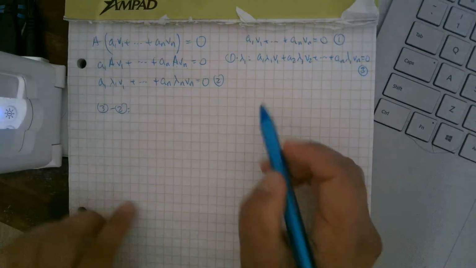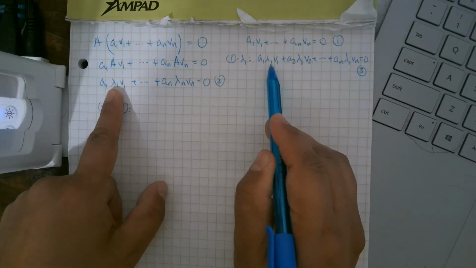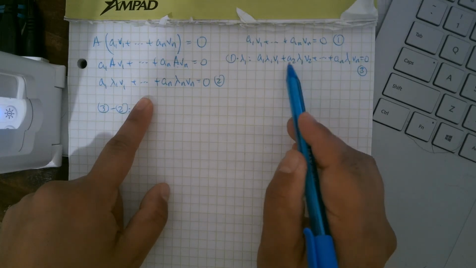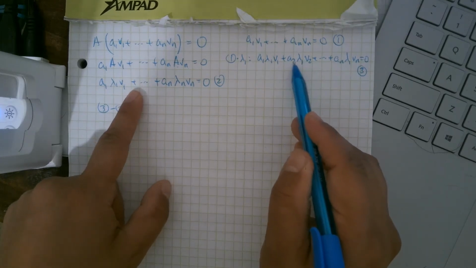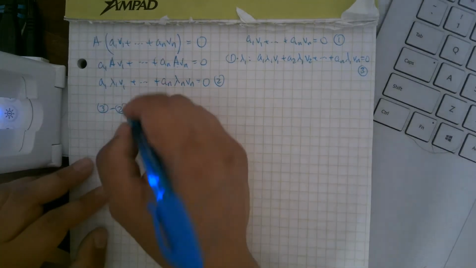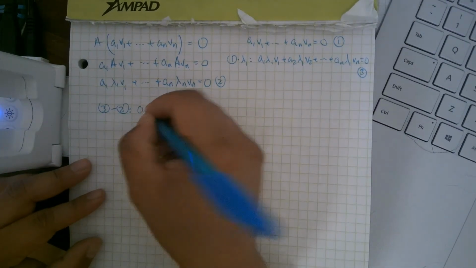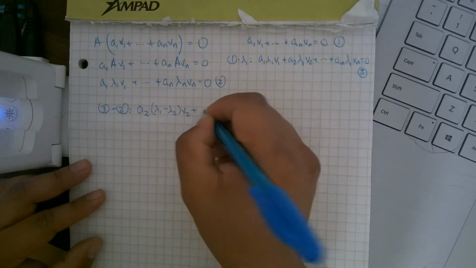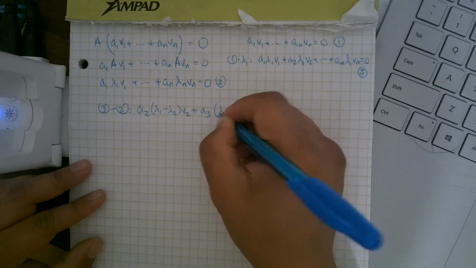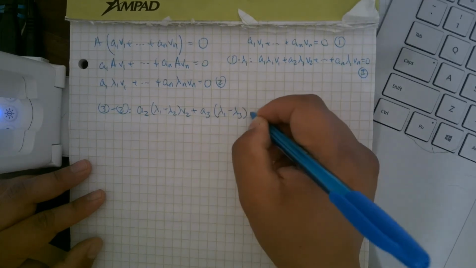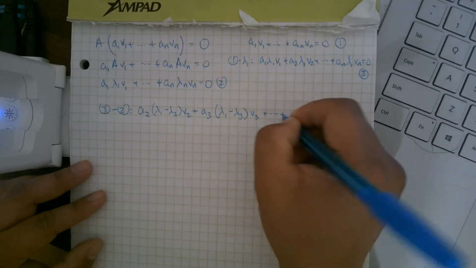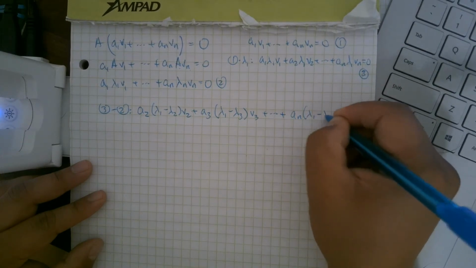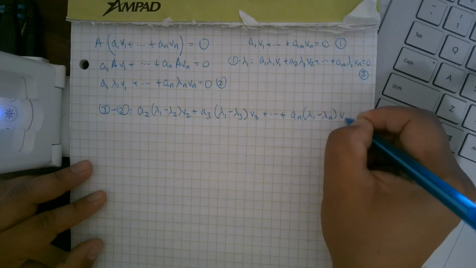And what happens is the first term will cancel out. Everything else is going to be like in front of v2. Both of these coefficients have a2. One of them has lambda 1, one of them has lambda 2. So it's going to be a2 times lambda 1 minus lambda 2 times v2, plus the next one will be a3 times lambda 1 minus lambda 3 times v3, all the way up to an times lambda 1 minus lambda n vn equals 0.